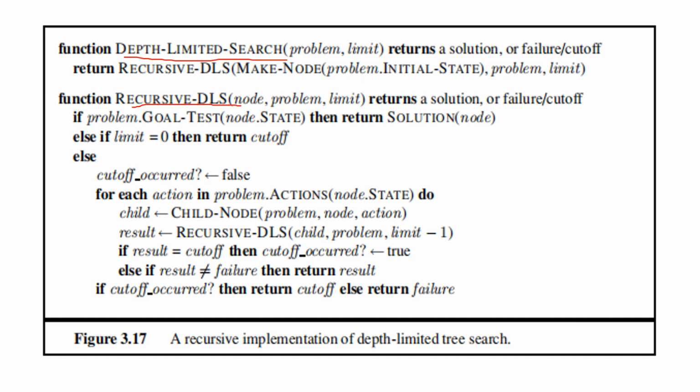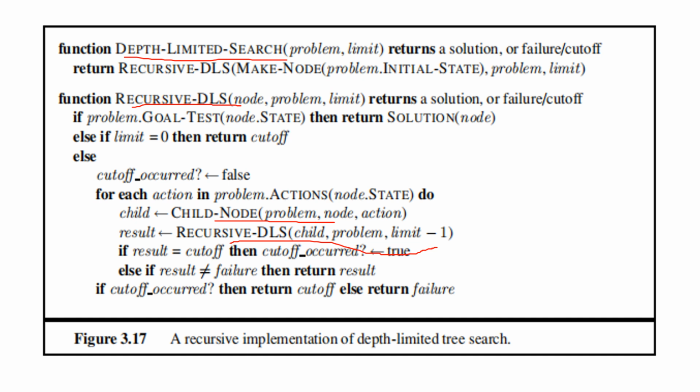And here you can see child node, then result is recursive DLS child, problem, limit minus 1. So that means we are creating a child node and calling the same function recursively and reducing the depth limit by 1. So the depth limit decreases as the recursion goes deeper.